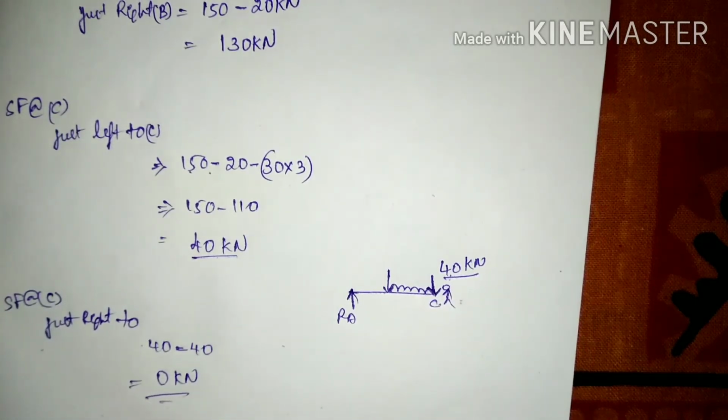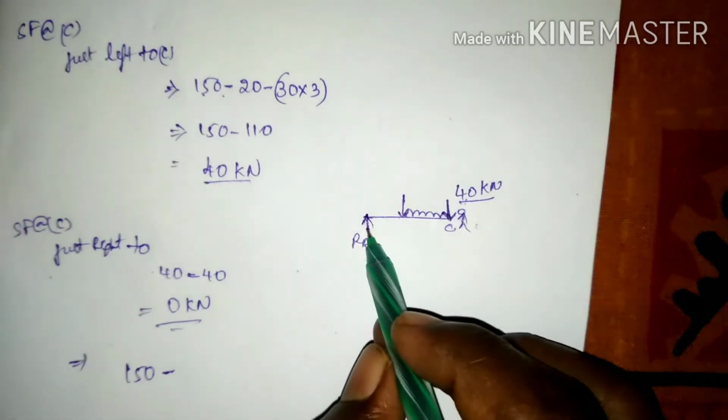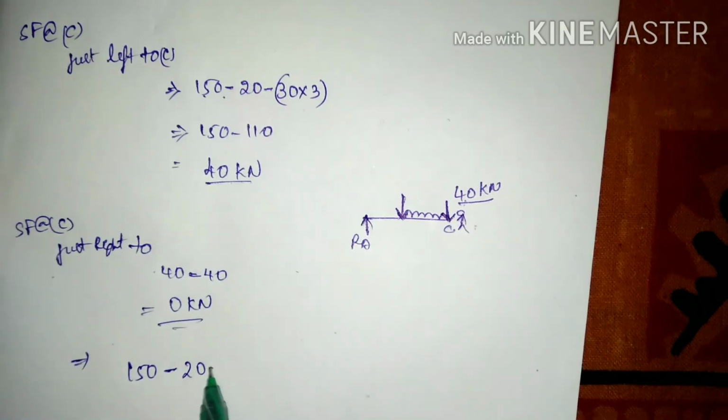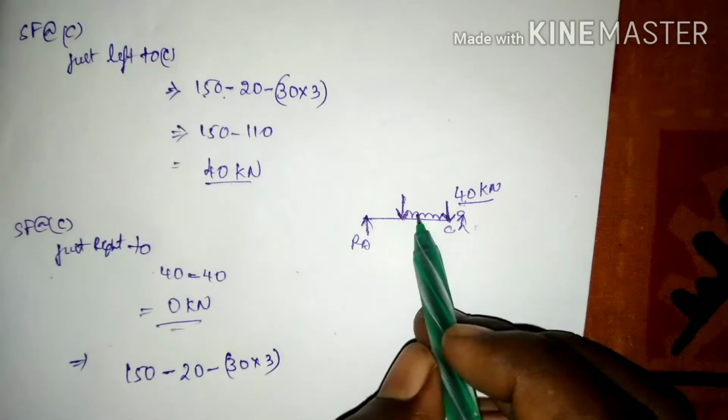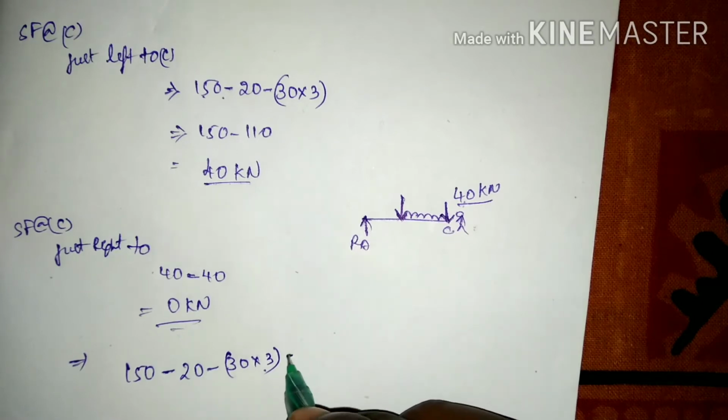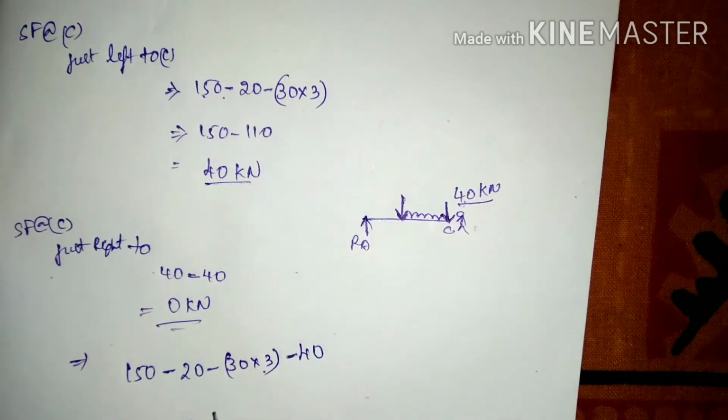That is, 150 minus the point load 20 minus 30 into 3, which converts the UDL to a point load, minus 40, is going to be 0 kilonewtons. This is on the reference line.